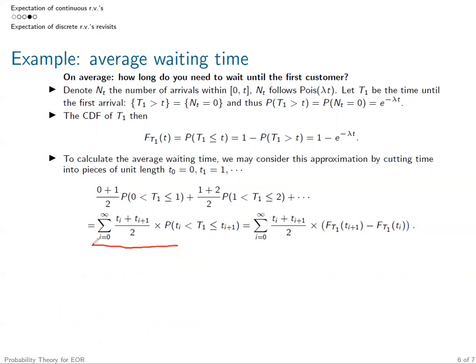In the end, we have a summation of infinite terms: the midpoint of the interval times the probability that the waiting time lies in that interval. Let's write it as a difference. Now we link with the expectation of discrete random variables. Let's write this as a difference of the CDF function.